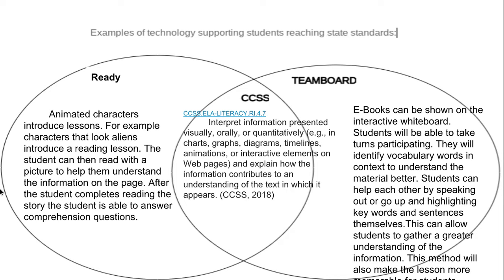And iReady really does help with this. It does align with this because the animated characters introduce the lesson, they introduce the reading, and there's pictures going along with the reading. It gives them clues on how to read the text. One of the lessons that I observed explained how words may sound like other words and how they're spelled, and it gave them clues to help them not to be confused when they started to read the text, and also to give them the context, like this is going to be about birds and weather.